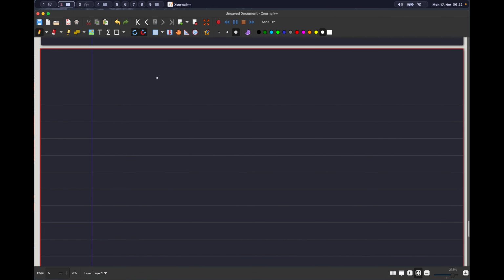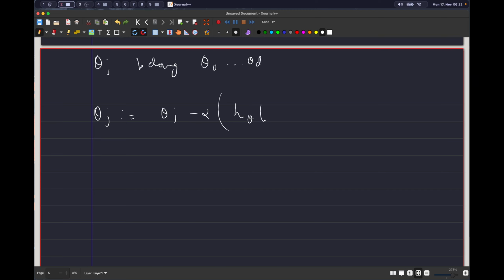So the final update rule for a single weight that we took out, so this belongs to a set of theta or a vector of theta which goes from theta 0 to theta d. So the update rule for theta j will be equal to theta j minus alpha, let's say, what was it? This one.